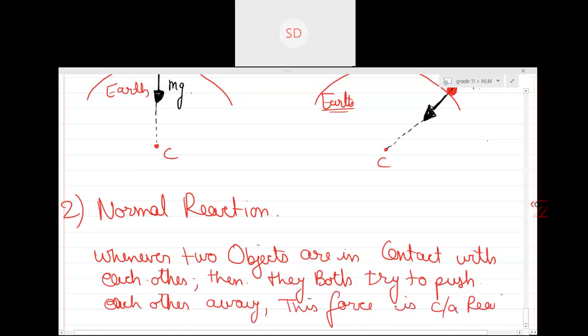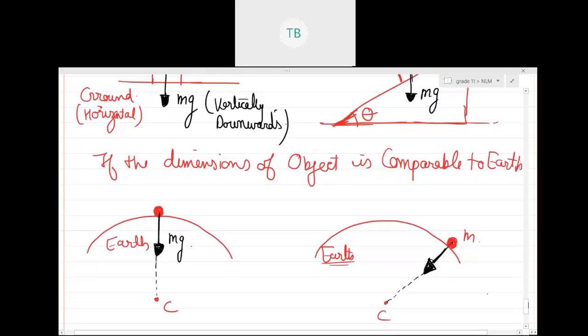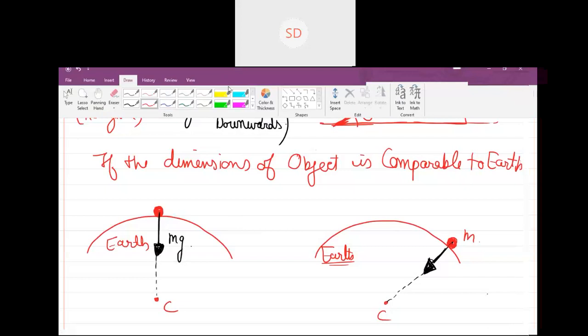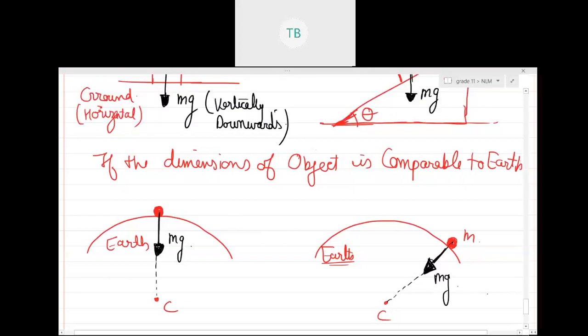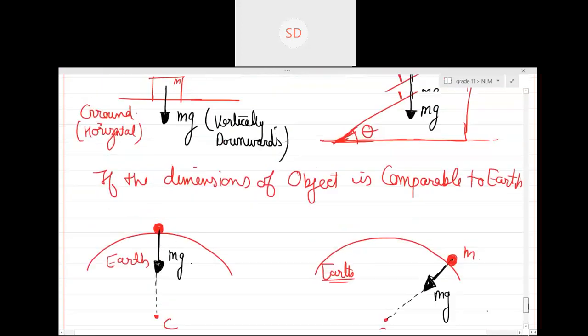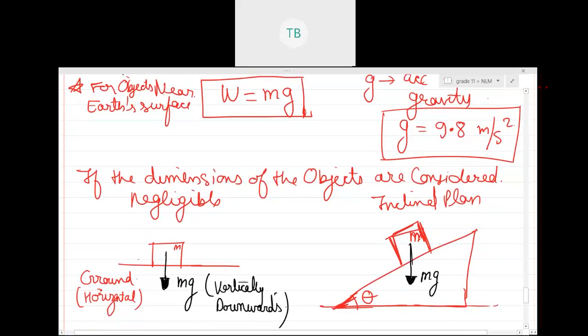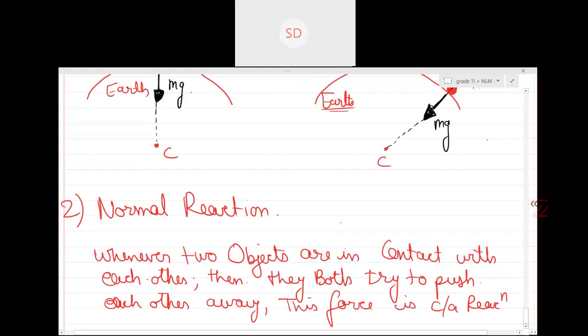The diagram you drew above, is it only for Earth or any planet? Earth or any planet, but generally mg, if you remember, mg is for g, and this is only possible when the dimensions are comparable. Why? The logic is that when the object is a point object, you will not see the curvature of Earth. If a small object is there, it will not be the same. But when you bring Earth into the system, your object becomes comparable. Even if the object on Earth is small, Earth is fully visible, and it would still act like this. Even if these objects are small, can you see Earth?